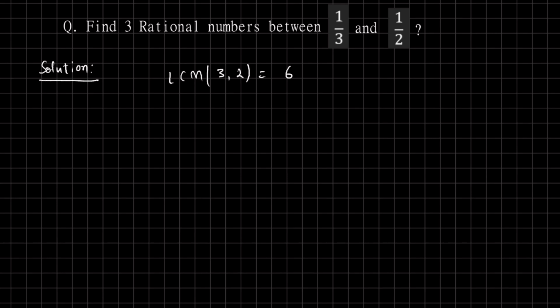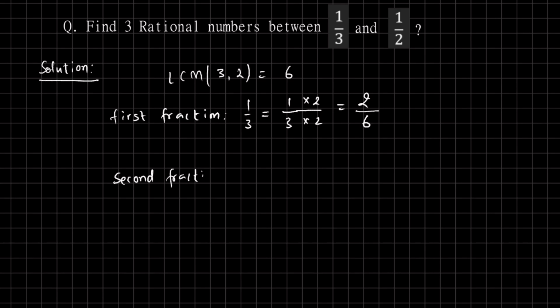So let's do that. Our first fraction is 1/3. We can multiply numerator and denominator both by 2. So we have 2/6. Now we take our second fraction. Here we multiply numerator and denominator by 3.